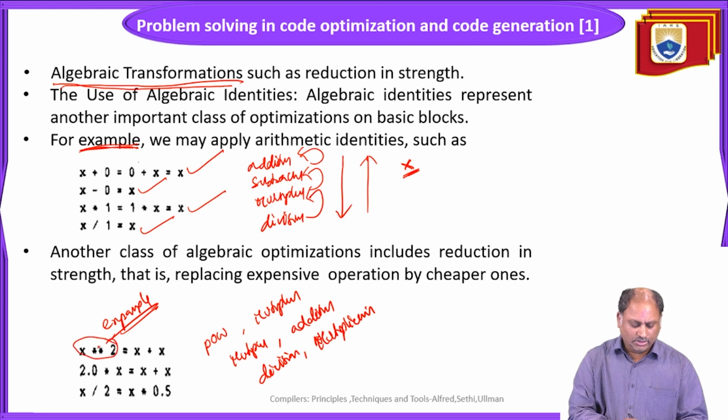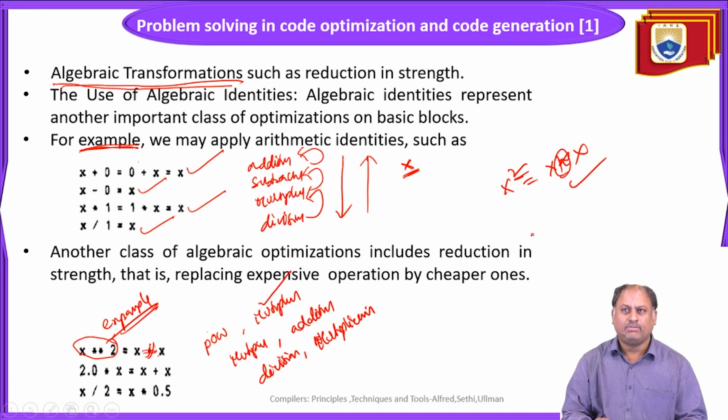Where the exponent, that is power of 2, is available, we can replace it with just one operation, that is multiplication. So this is a higher one, this is a lower one. The result is the same, x power 2 is equal to x star x. So instead of this we are going to use multiplication in case of algebraic transformations. And 2.0 star x.